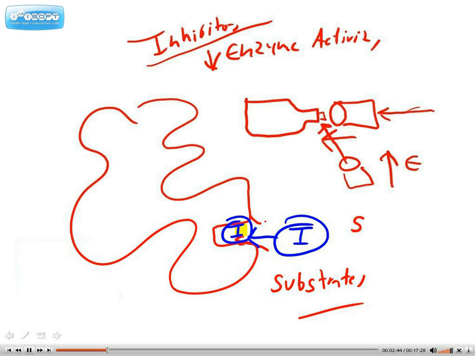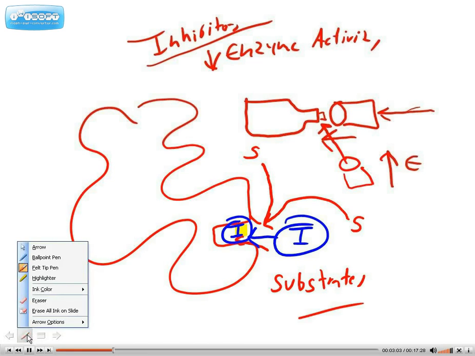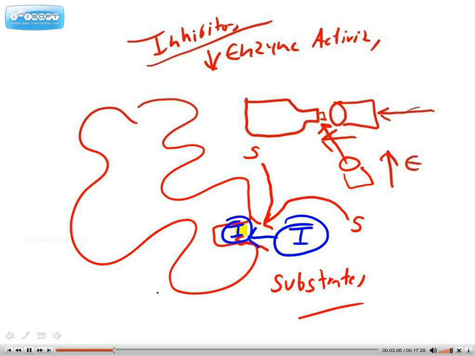And with this, what we call a competitive inhibitor, as it blocks the active site, the substrates cannot obviously go into the active site. So it's blocked and then they have to go somewhere else. So whenever an inhibitor blocks the active site itself, we say it's a competitive inhibitor, because the inhibitor and the substrate are competing against each other for the same active site.